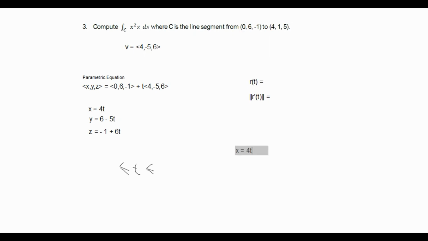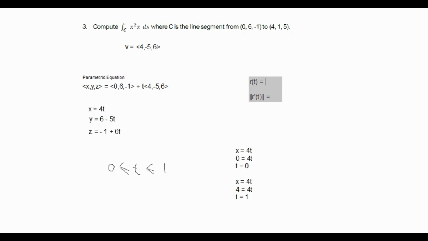So we can simply put x as the first one, 0, as 4t. So in this case, t will be 0. The next case, x equals 4t, but now we have 4 as our x, so 4 equals 4t. So t will be 1. So there we have it, our limits. So t is from 0 to 1.